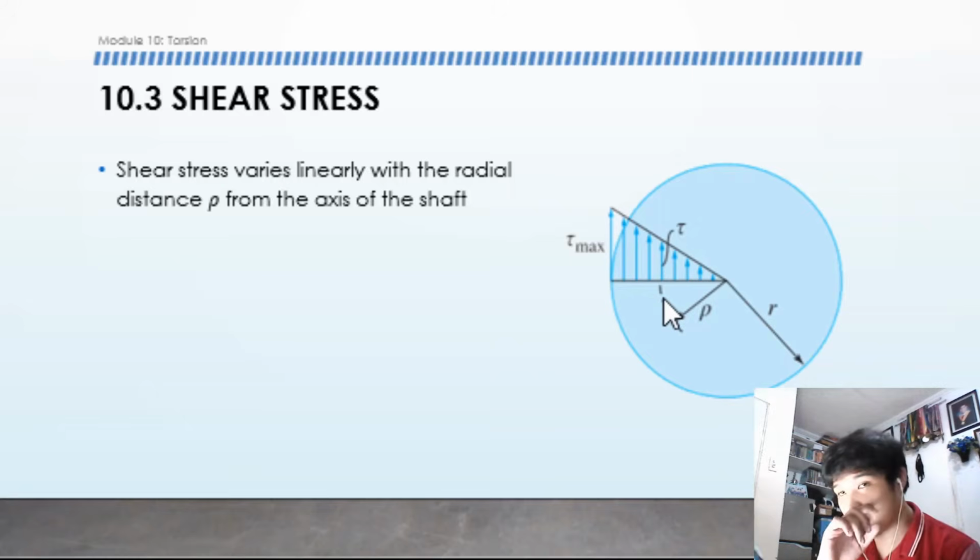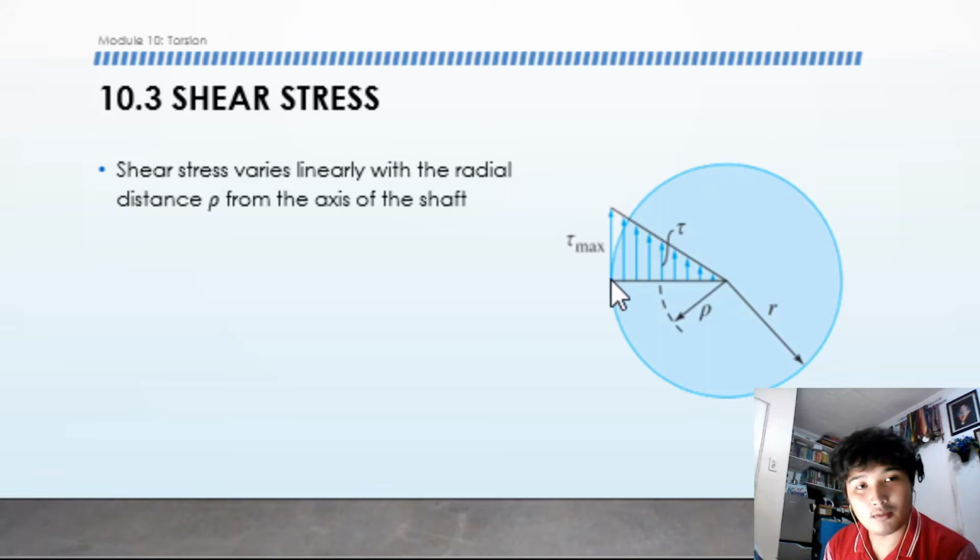Pero dito class, hindi na siya pare-parehas at any point doon sa cross-sectional area. So nangyayari, mas malayo ka doon sa center, mas malaki yung shear stress mo. So mas malapit ka, mas maliit yung shear stress hanggang dun sa mismong center. So, walang shear stress na na-develop. Okay? So, linearly increasing siya.